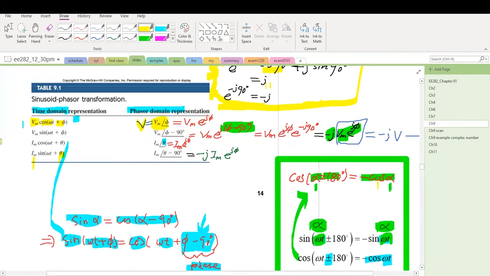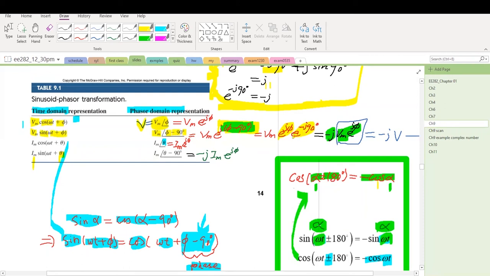Now let's look at this sinusoid, Vm sine omega t. So the phasor is Vm angle phi minus 90 degrees. Writing in the exponential form is Vm e to the power j of phi minus 90 degrees. Now we break this power up. That equals e to the power j phi and e to the power minus j 90 degrees.